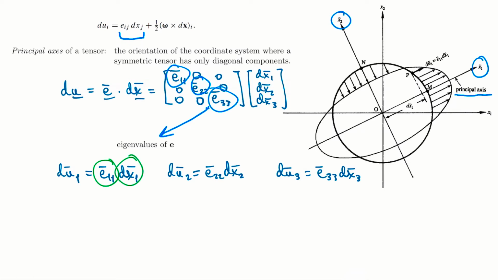If we consider all the points on the surface of a sphere, looking at our figure, the movement of P in the x1 bar direction is the maximum when P coincides with M, where this dx1 is a maximum, because it's proportional to the distance dx1. And it's 0 when P coincides with N here, because now that dx1 distance is 0.